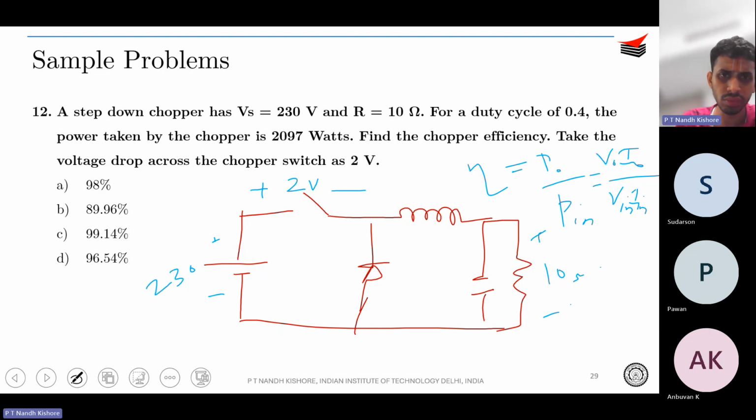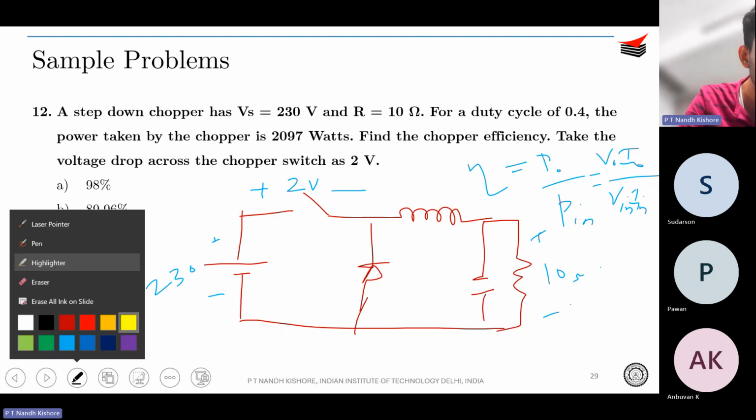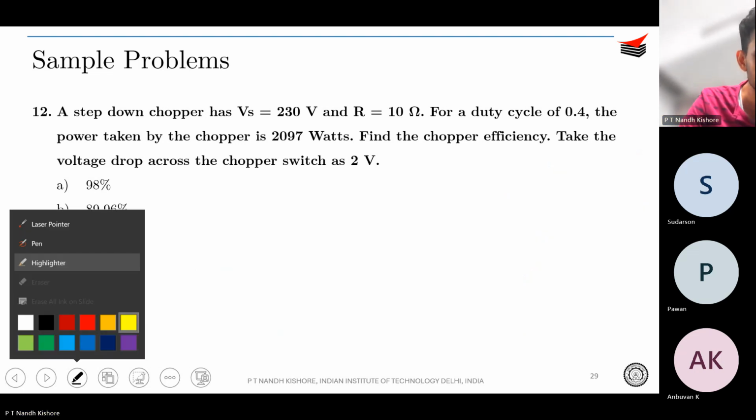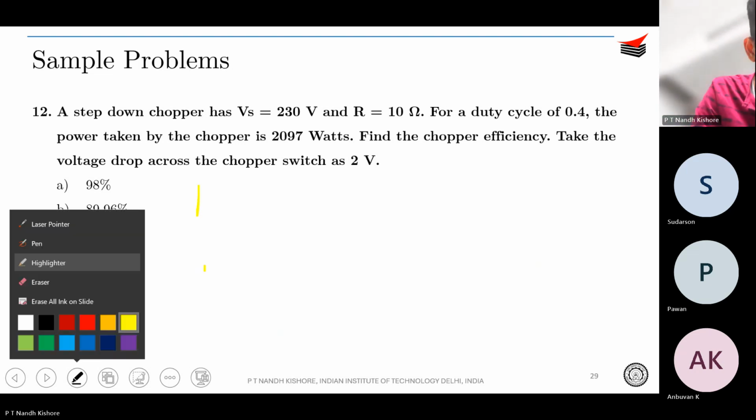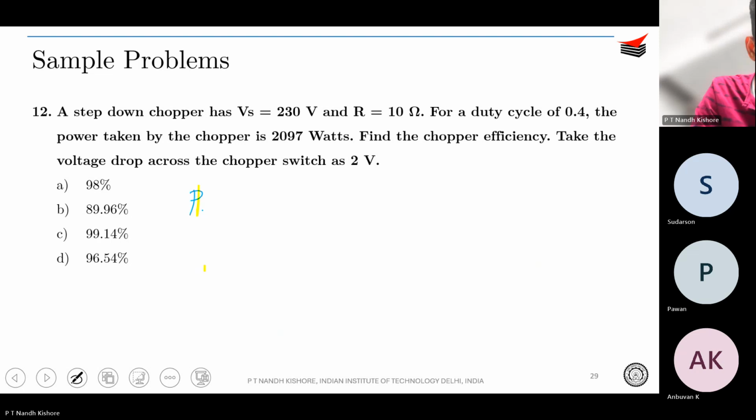Vs is the supply voltage. So this is the methodology. Fine. But how do you do it? That's the problem, right? So the output, sorry, P naught is V naught I naught. They have not given anything regarding V naught I naught, correct?